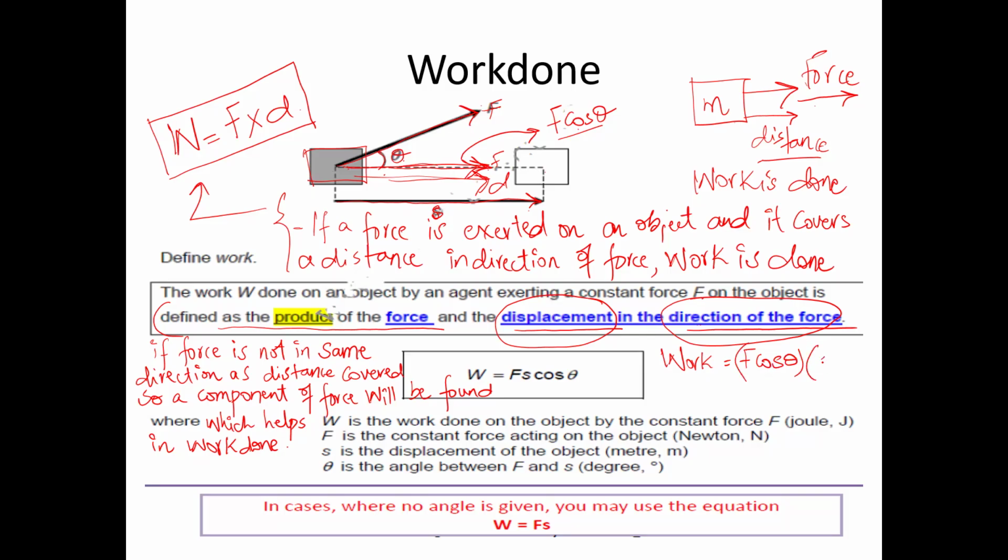So let's say here the distance is represented as S. So work done will be Fs cos of theta. तो ये basic formula है for finding out the work done.